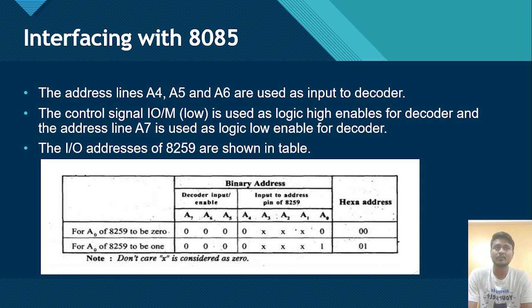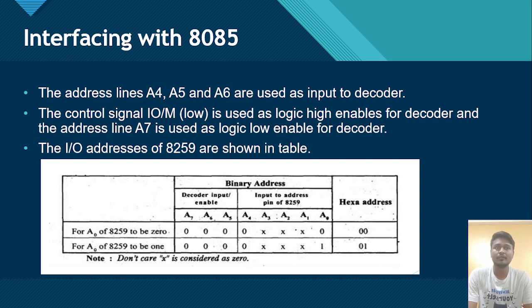The IO addresses of 8259 we can see in the table that for A0 of 8259 to be 0, A0, A4, A5, A6, A7 need to be low, and A1, A2, A3 are in don't care condition, and hence the hex address we obtain is 00.